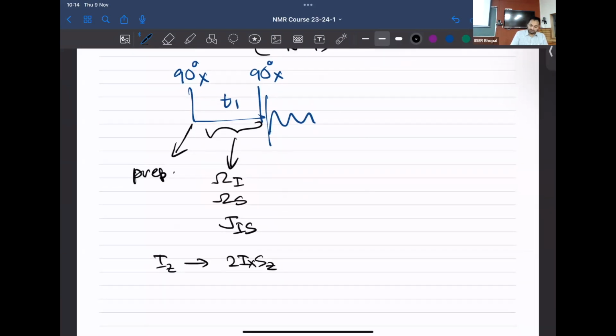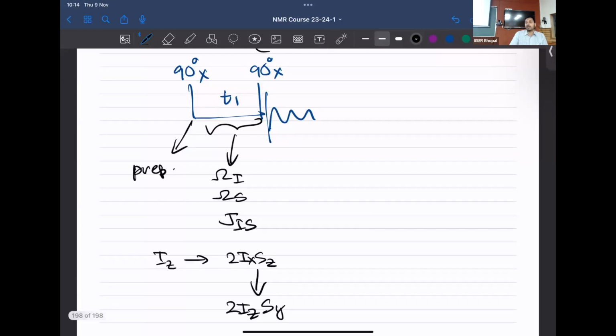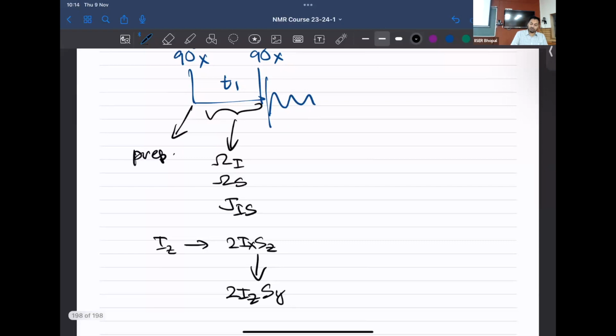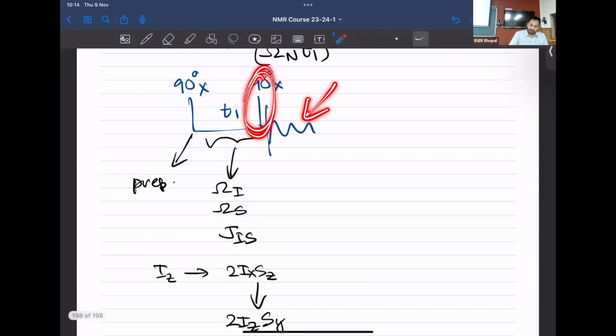So during the T1 delay itself, you're doing frequency labeling for the chemical shift, and the mixing also happens. And before the actual mixing is accomplished, when you end up generating something of this kind, you end up switching it back to the proton, or rather the coupled proton. You started from IZ and you finish in SY, and therefore you have prepared and you end up detecting. So what you're able to realize is that multi-dimensional NMR experiments are about preparing something, collecting some information you want, pushing it back and detecting.